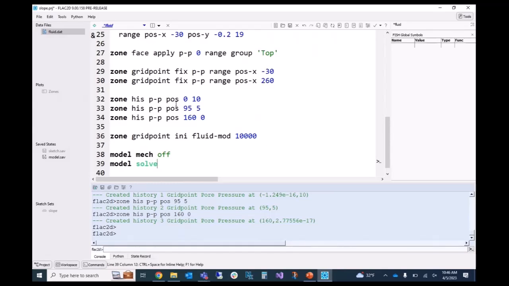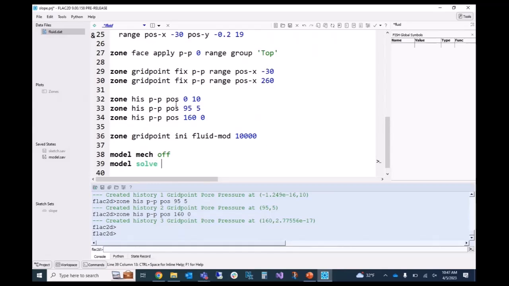So what I need to do is tell it, oh, actually, I'm now doing a fluid analysis, and I'm going to use the fluid unbalanced ratio instead of the mechanical unbalanced ratio. And it's not a force ratio. It's something to do with, I don't actually 100% know, but it's something to do with the rate of flow into the model versus the rate of flow out of the model, and whether those things are balanced or something like that.